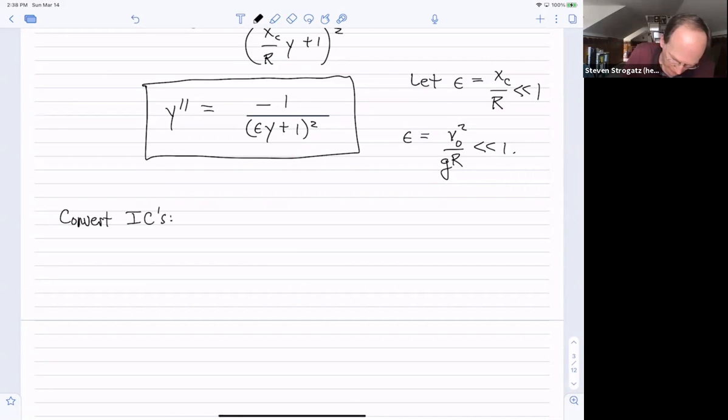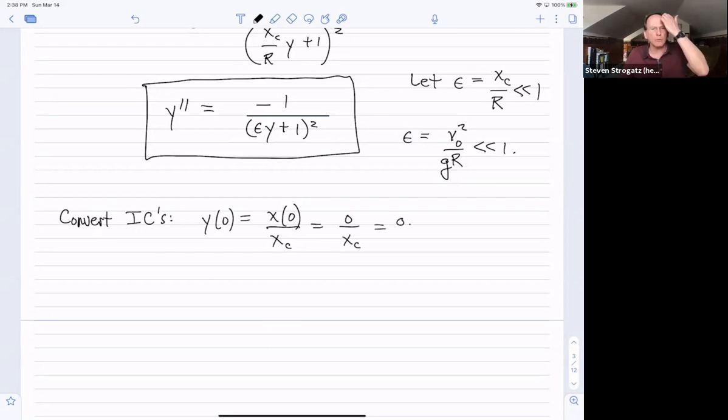So the initial position, in this dimensionless form, we'd call it y0. That would be the actual x0 over xc, but that's just 0 over xc, so 0.